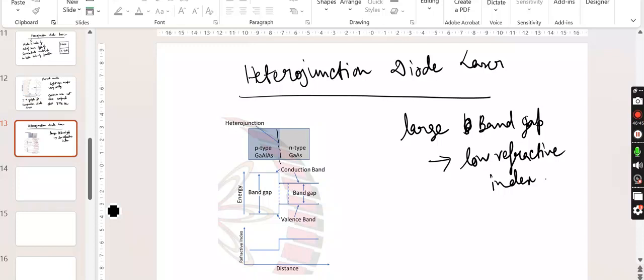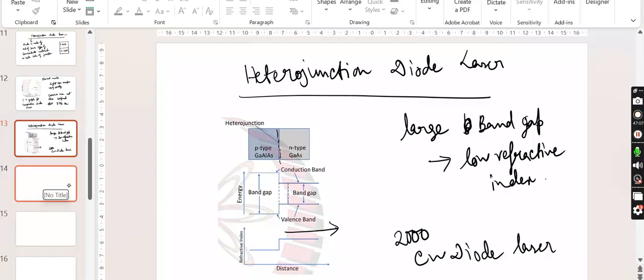So the light can only go towards this. And this innovation of the heterojunction diode laser got the Nobel Prize in 2000 for CW diode lasers using heterojunction diodes.